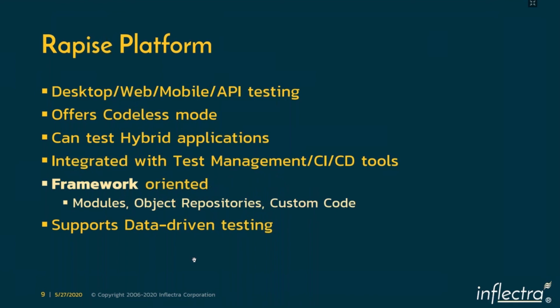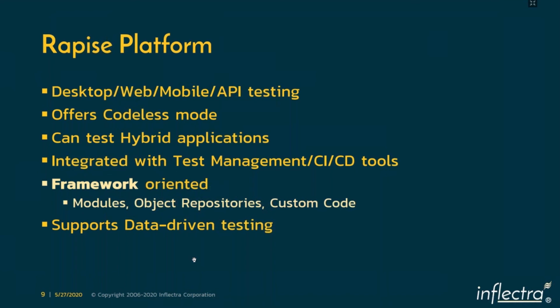Also, Rapise is framework oriented. It means that if you plan to build a sophisticated test coverage and you have a team of testers, then you may organize your testing efforts in a way that you will have building blocks, modules that can be shared between different test cases.